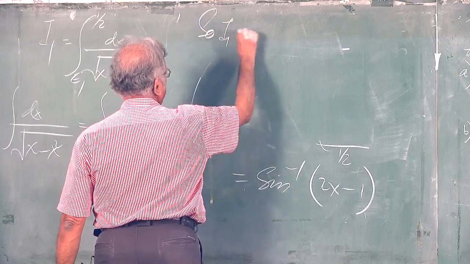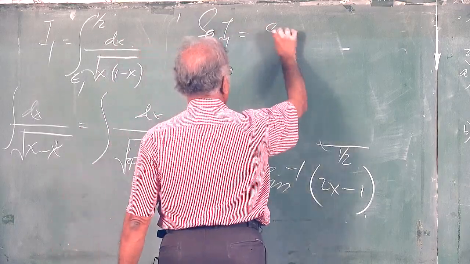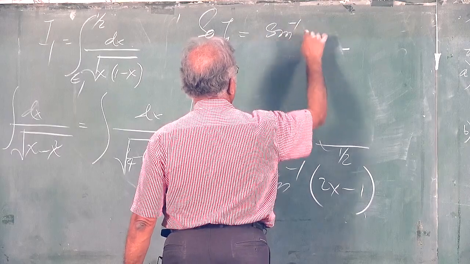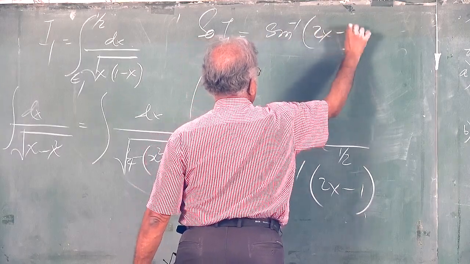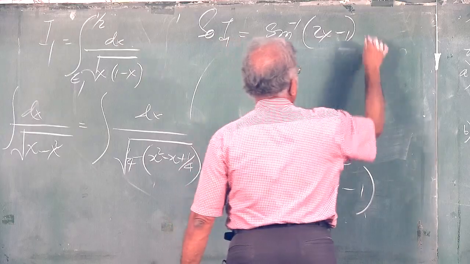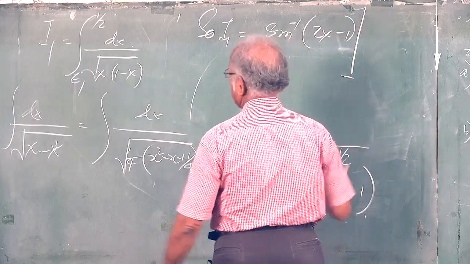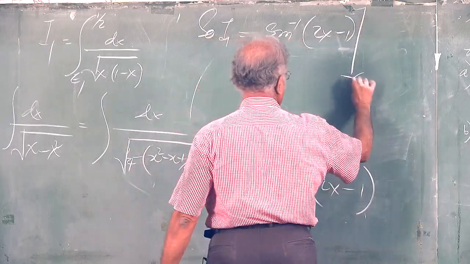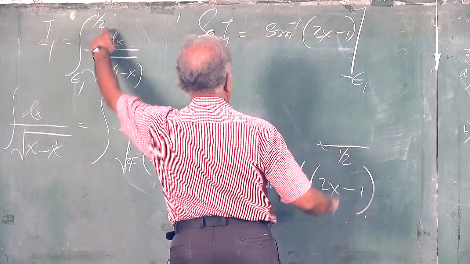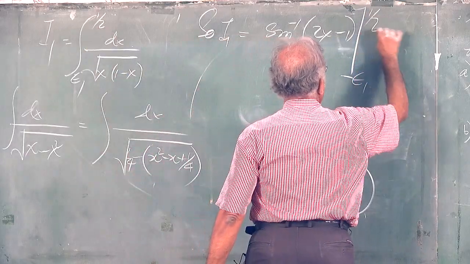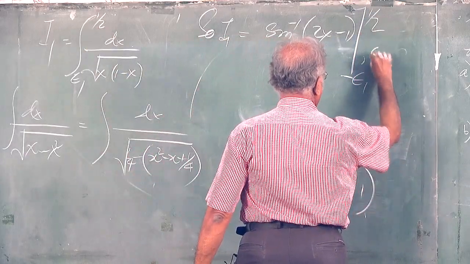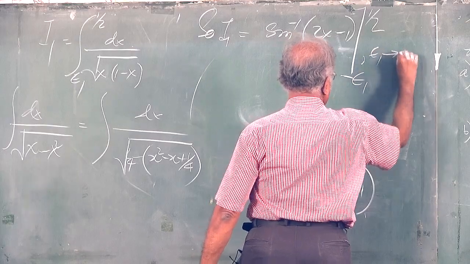I1 is nothing but sine inverse of 2x minus 1, with limits epsilon 1 up to half, where epsilon 1 tends to 0 plus.